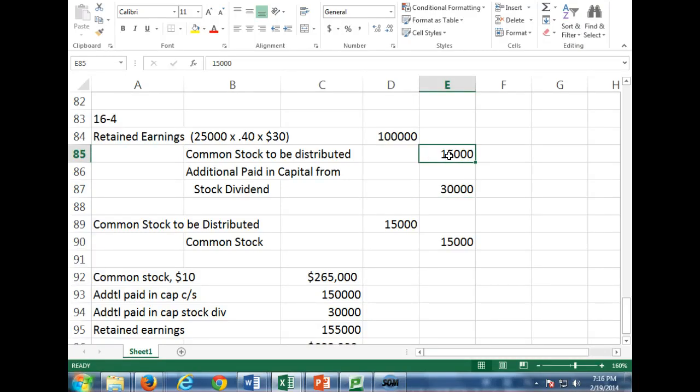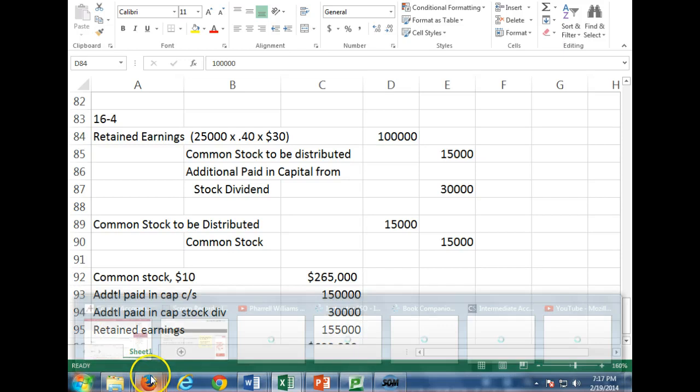How many shares is that, guys? 10,000 shares. 100,000 should actually be 300,000. We take 25,000 times 40% times $10. Times 30 is what you have up there. Okay, I'm doing something wrong.